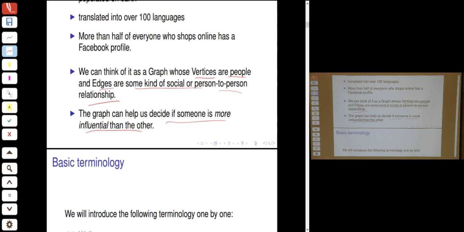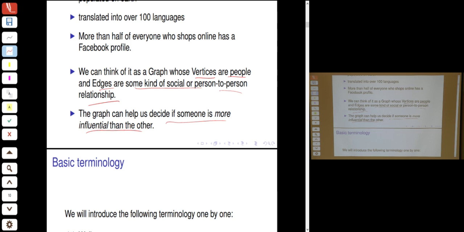So, in that case, of course, the vertex which is adjacent to a lot of other vertices in the graph, in terms of Facebook, a user who is friends with a lot of other people on Facebook, of course, they are influential in a social media or social networking sense.